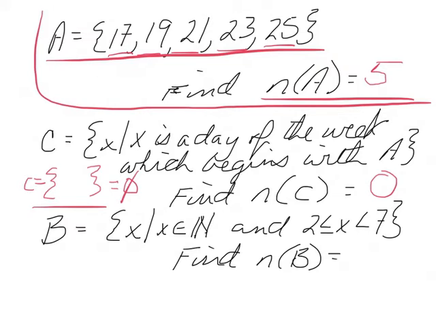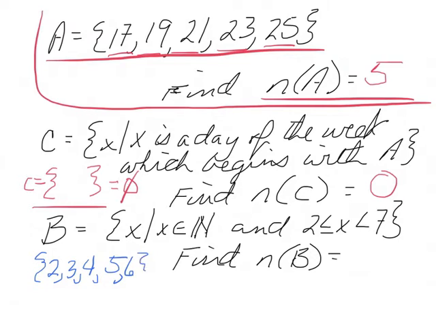So that takes us to B. And B says, the set of all x such that x is a natural number and 2 is less than or equal to x is less than 7. So what do you think the solution is? Well, the easiest way to do it is to just do the roster. Well, that's 2, 3, 4, 5, and 6.